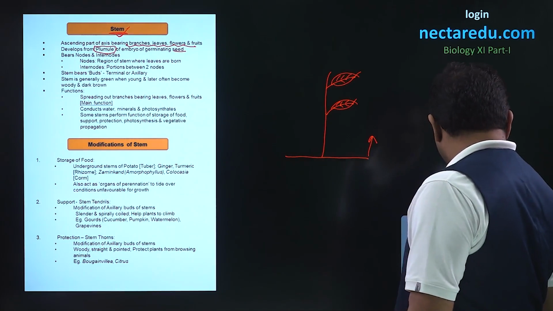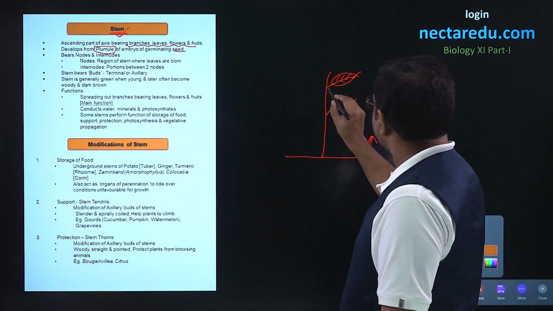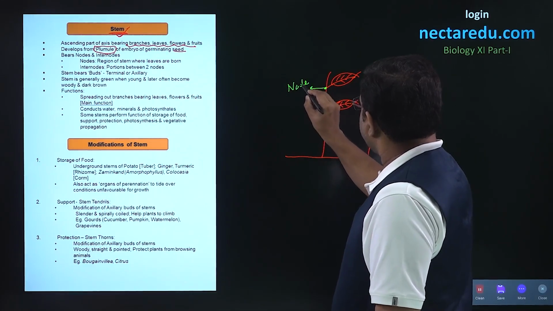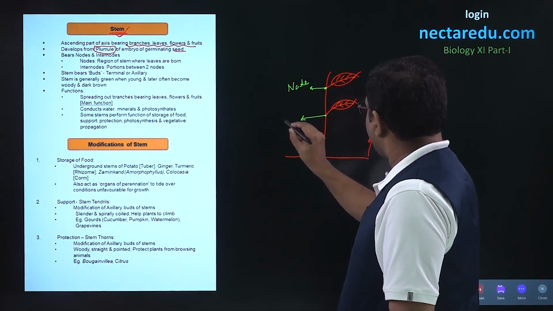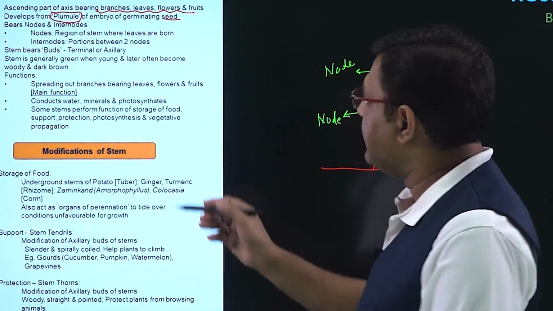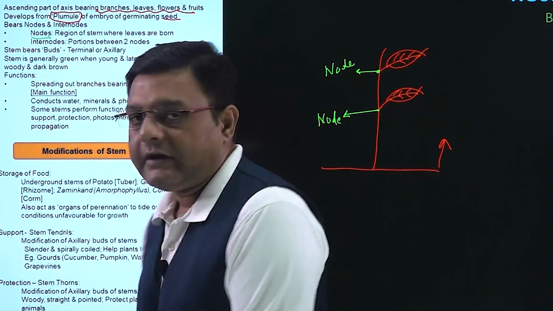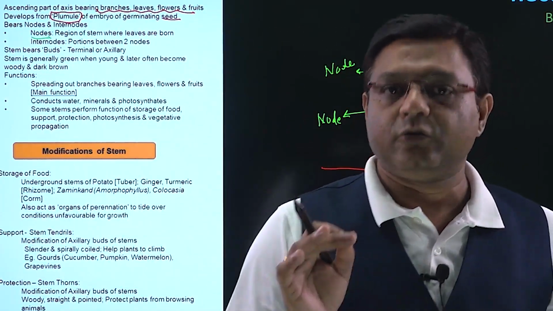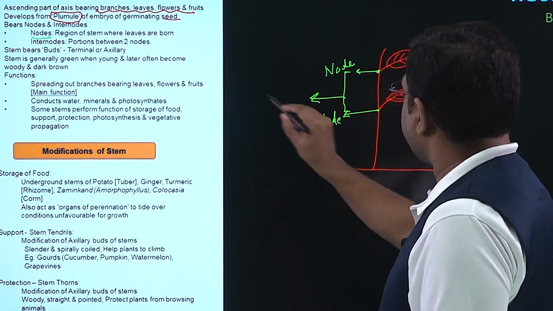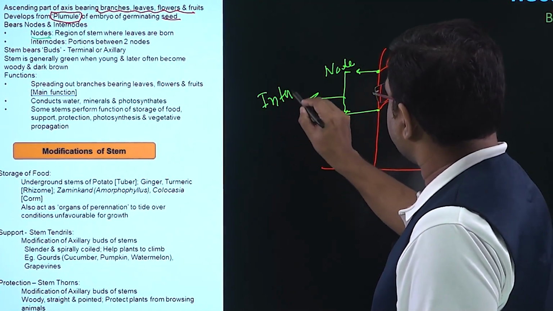The point from where a leaf arises is a node. This point will also be a node. Any point from where a leaf arises will be called a node, and the region between two nodes will be called an internode. So, this part is called an internode.